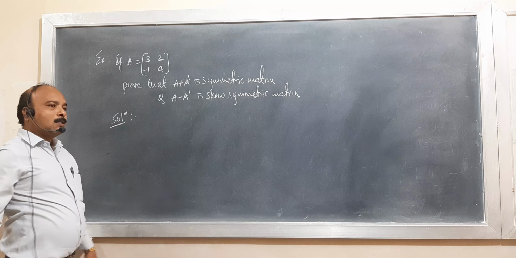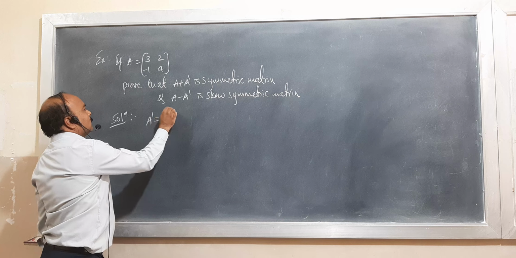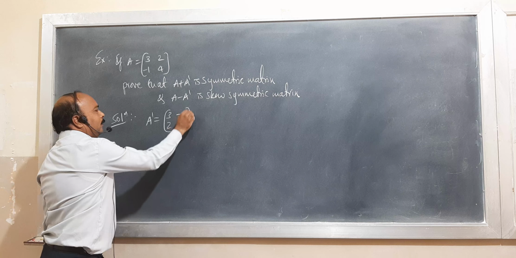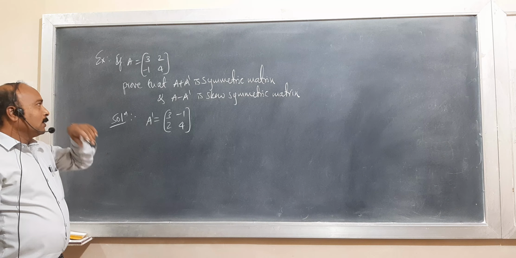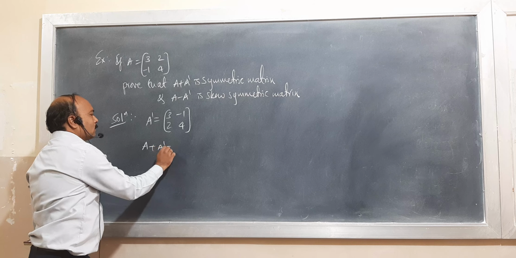Solution, first we consider A dash, that is transpose of A. Transpose of A is 3, minus 1, 2, 4. It is transpose of A. After that we calculate A plus A dash.